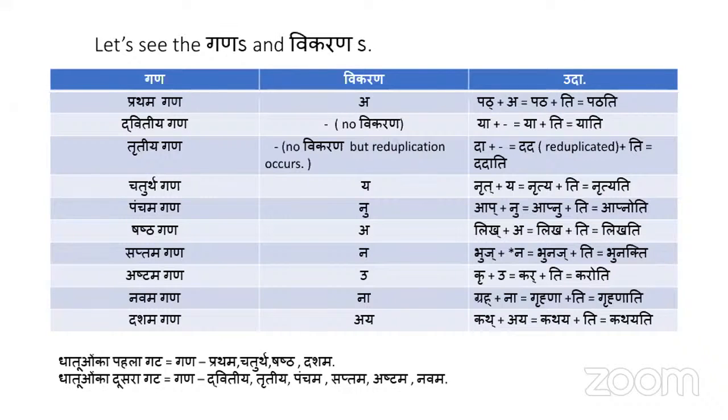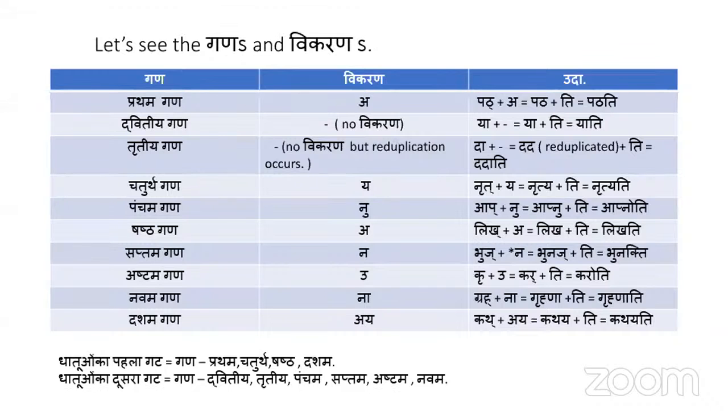It is only the reduplication form. So da plus dash or no vikaran, it makes the anga dada. After adding ti, it becomes dadati. Just remember the dadati.